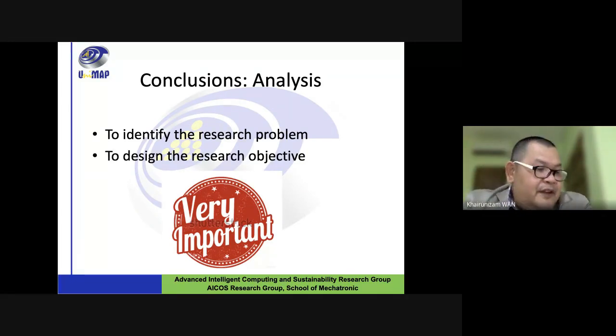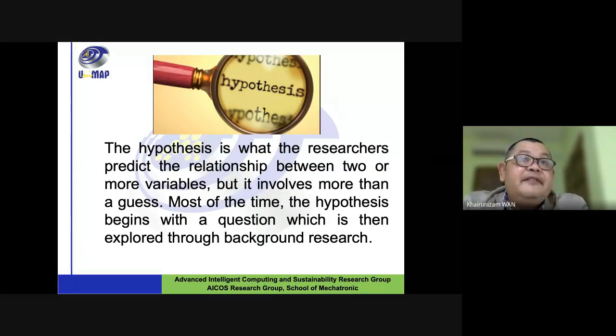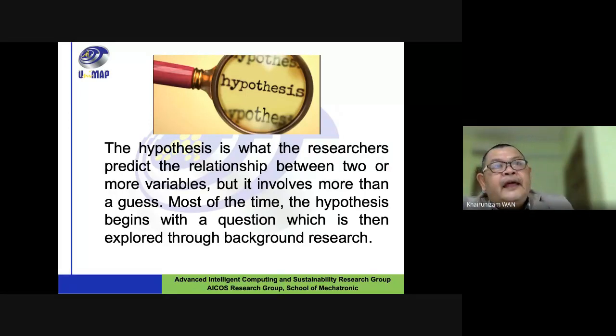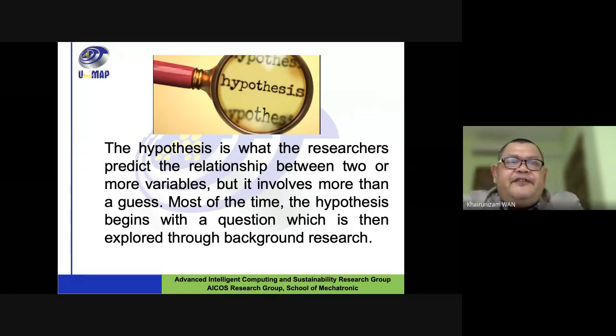So we now finish the first phase of the research methodology analysis. Next we go to the second phase, which is hypothesis, and we see the definition. The hypothesis is what the researchers predict about the relation between two or more variables, but it involves more than a guess.